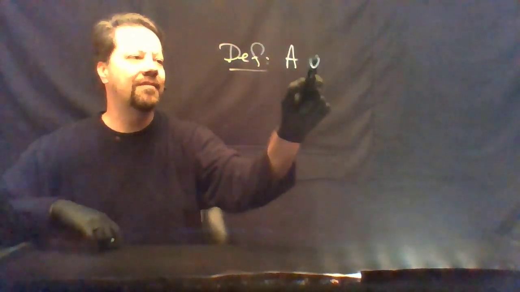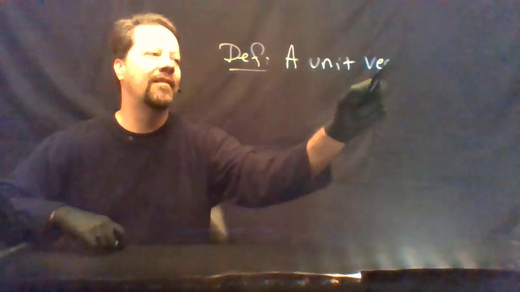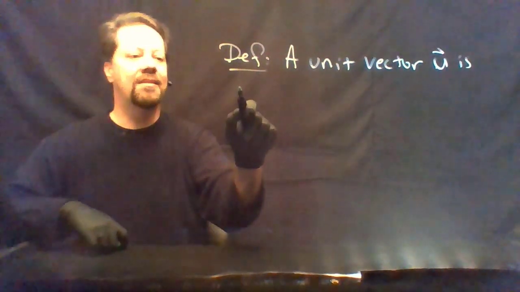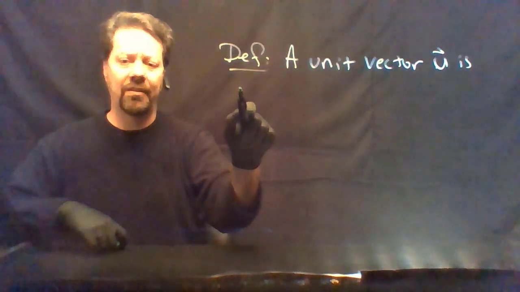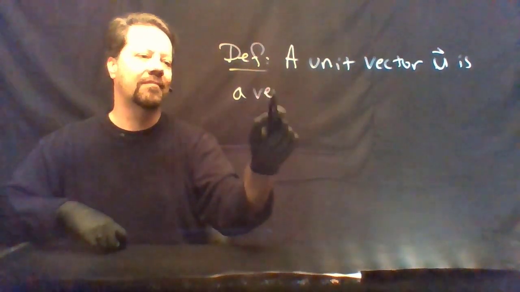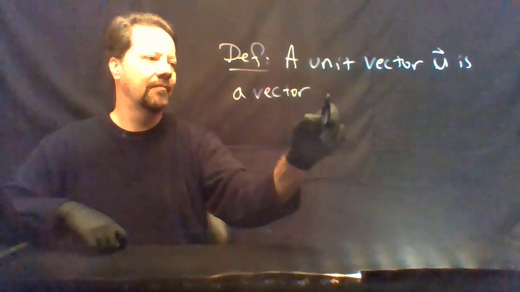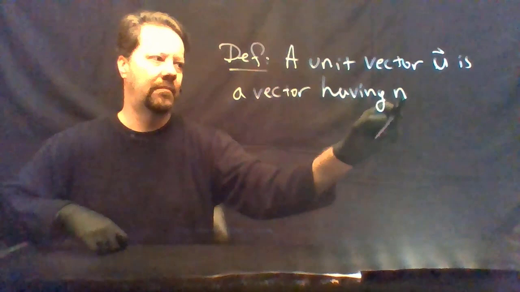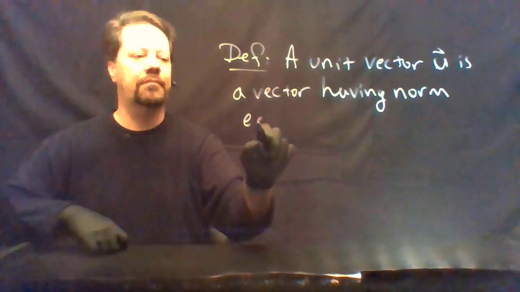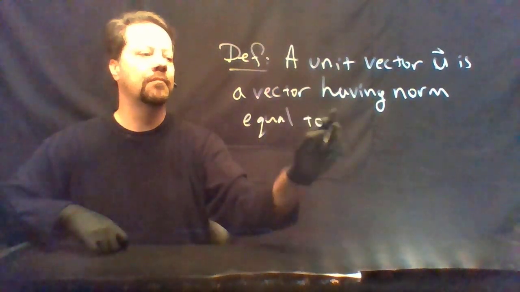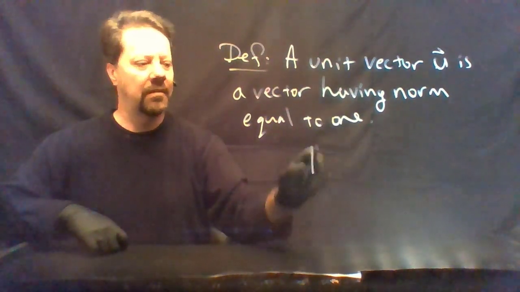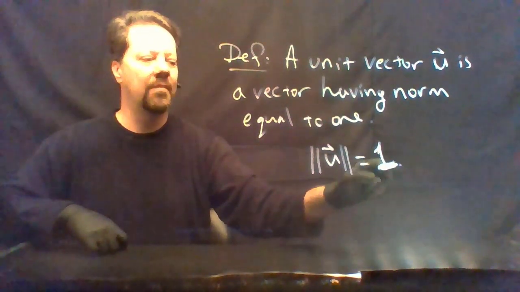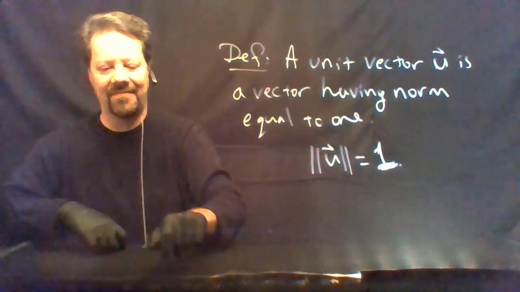A unit vector u is a vector having norm 1. The norm has a value equal to 1.